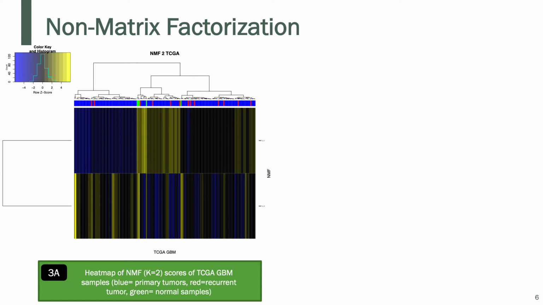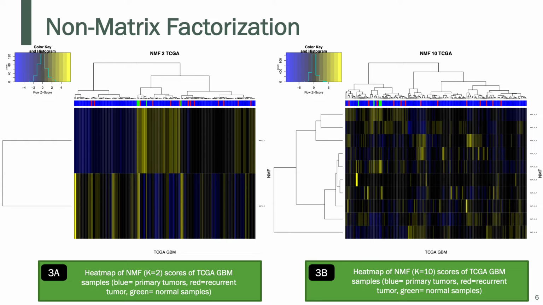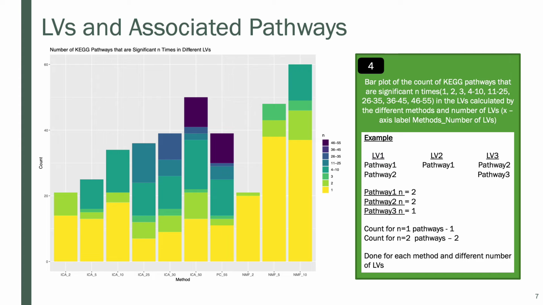Lastly, we looked into non-negative matrix factorization, and it was also able to, along with PCA and independent component analysis, identify differences in clustering between tumor versus normal. We also did a pathway enrichment analysis for the different latent variables to investigate what pathways were associated with them.